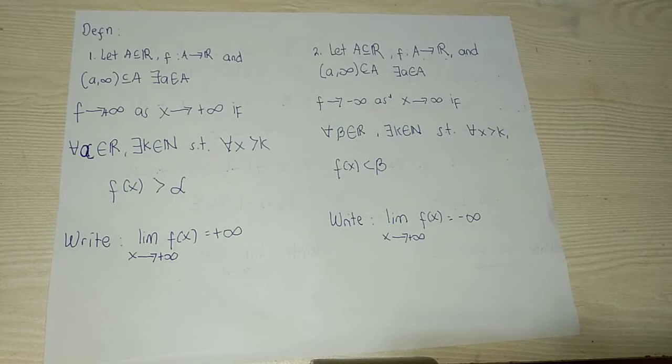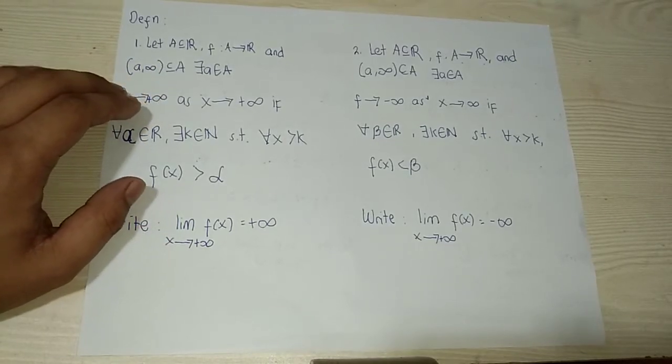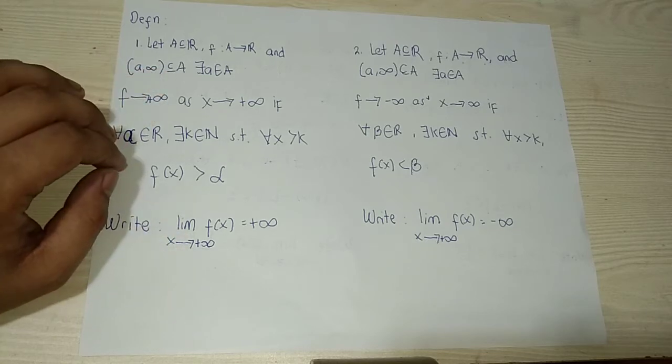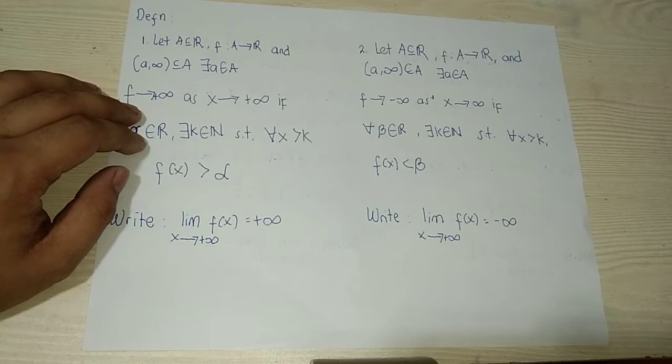Okay, next. I-define naman natin yung limits at infinity na ang nag-a-approach sa infinity. So, infinite limits ng limits at infinity combined. Okay, so number 1, let A be a subset of R, f a function from A to R, and this one, subset of A for some A element of A. So, sa definition ng limits at infinity yan.